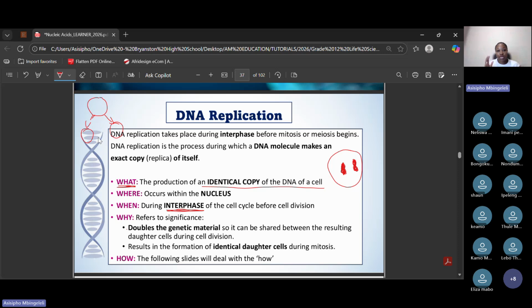This cell over here will need to have the same genetic material as the other cell. But for this to be possible, we need the original DNA in the parent cell, the cell that is going to divide, to be able to make a copy, meaning another DNA, so that at the end of cell division, this DNA can be shared between the two cells.